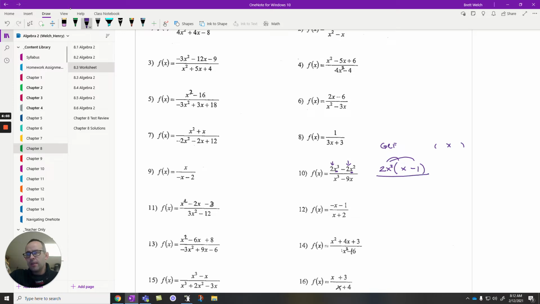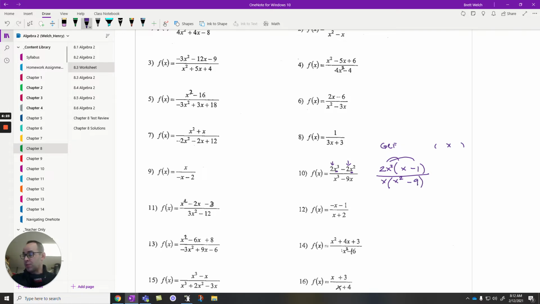Next, we look at the denominator. And this has, again, sort of a GCF factoring. We can see the x that's in common. So if I pull that x out, that leaves me with x squared, because x cubed, take an x out of it, you get x squared, minus 9 if I take the x out of that.